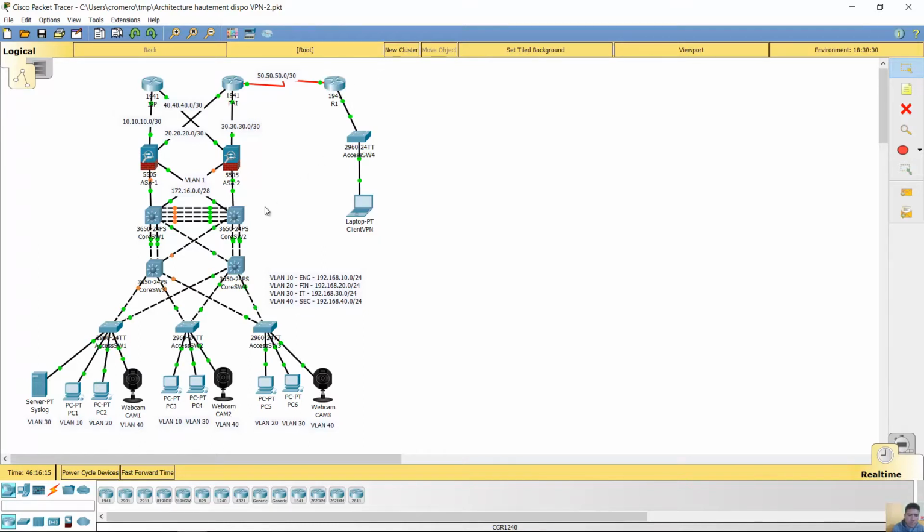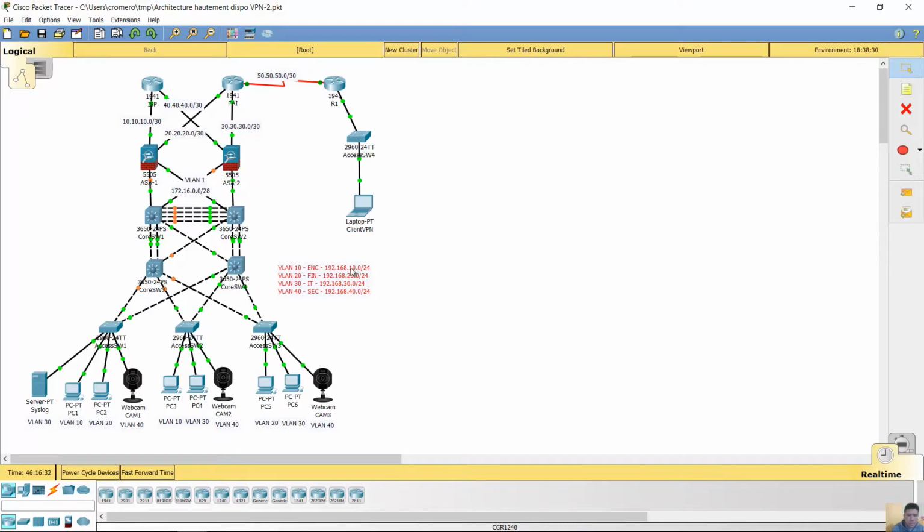First of all, you need to configure the switches, the access switches, and we have 4 VLANs.